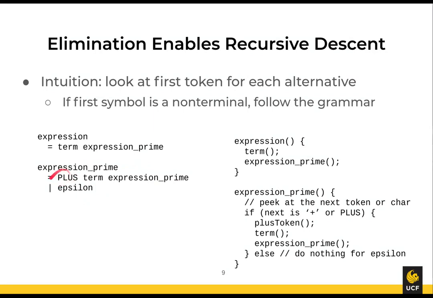So if you see plus, for this particular grammar, that means it could not have been epsilon. And I'll go over a little more later how you do this more mechanically, how you generate a predictive parser. But I think for this version of the grammar, all of the prediction is just a token at the beginning of the production. So I think it should be straightforward.